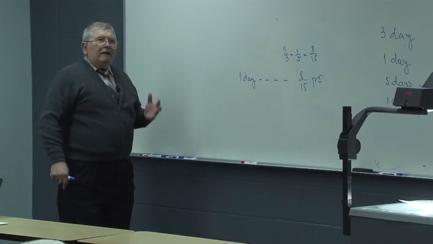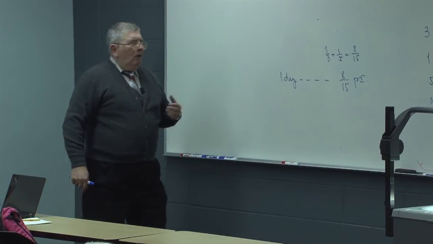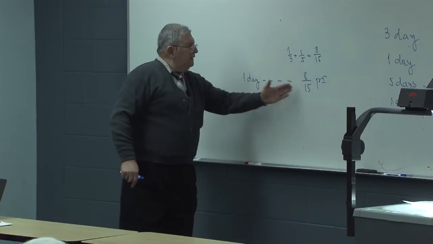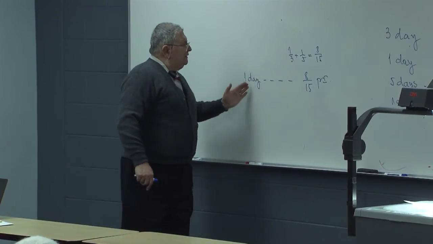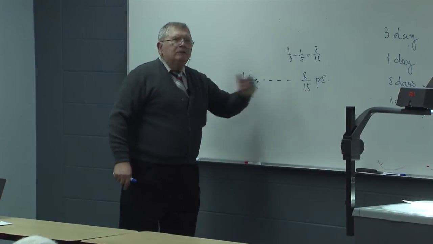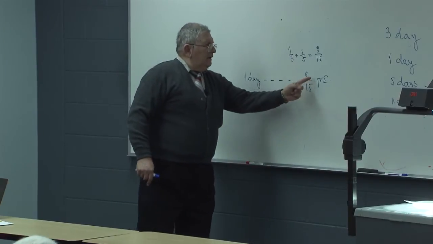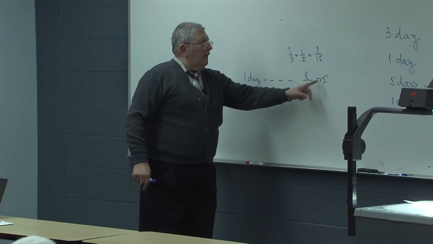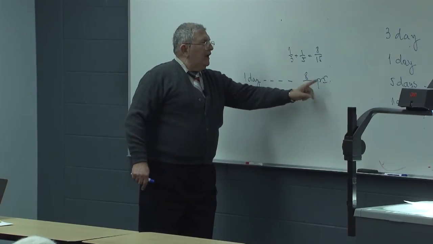And here is the situation I mentioned previously: we want one of these numbers to be 1. Here in particular, I want it to be 1 because I want the whole project.